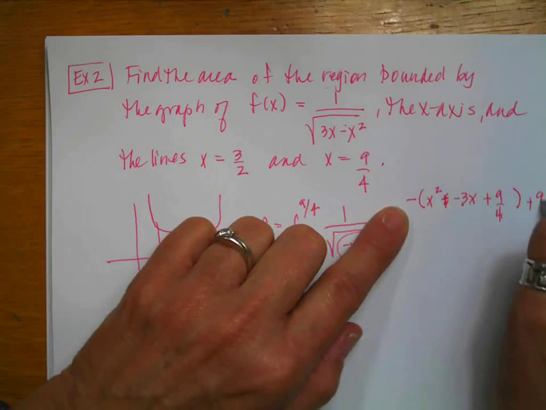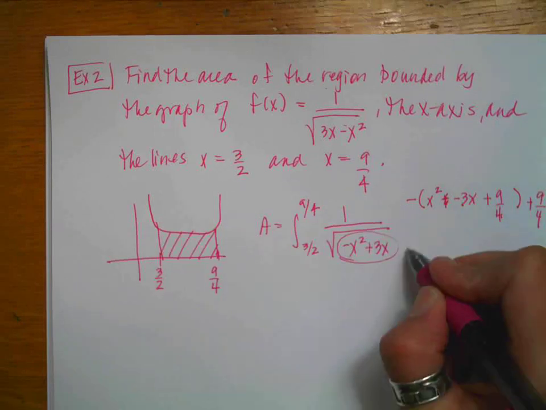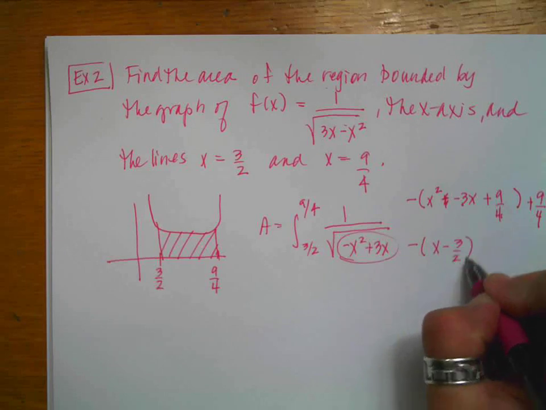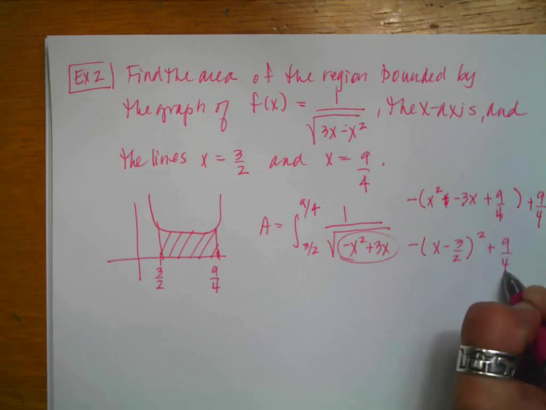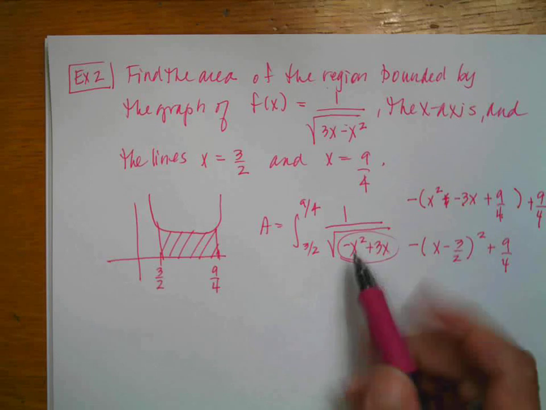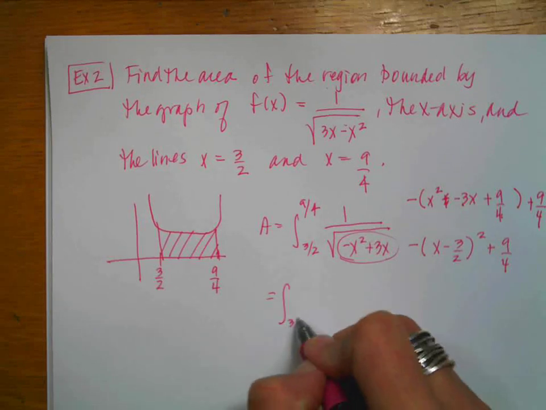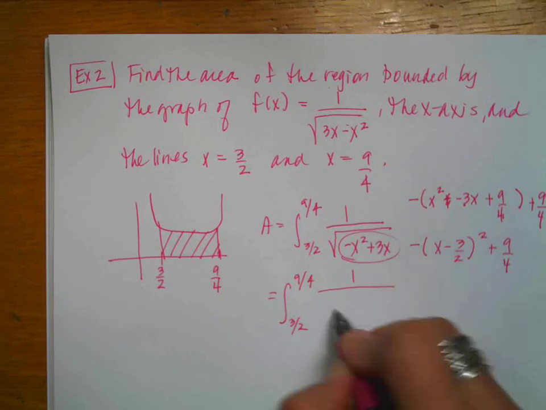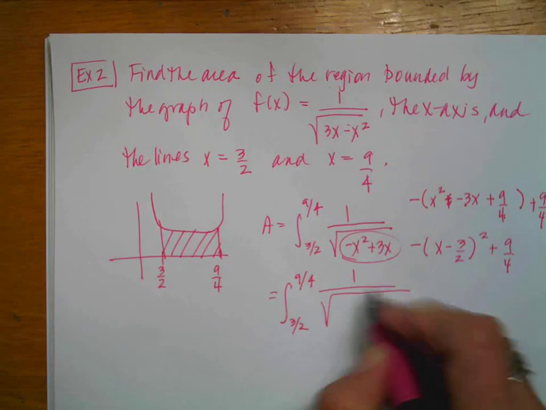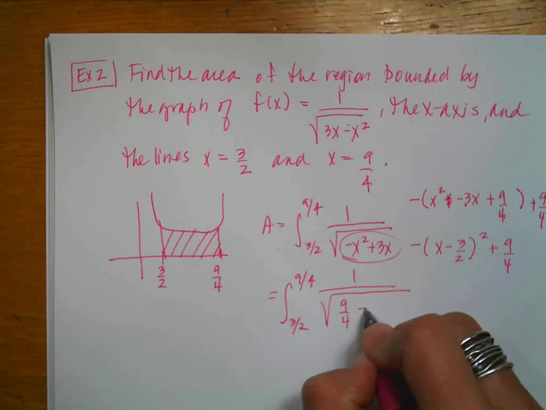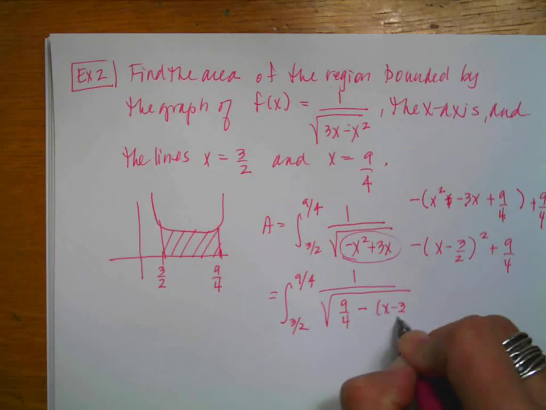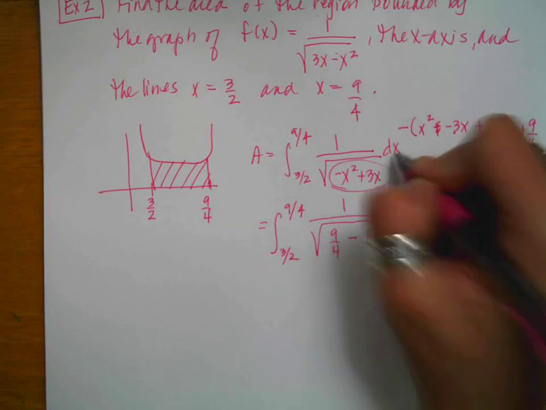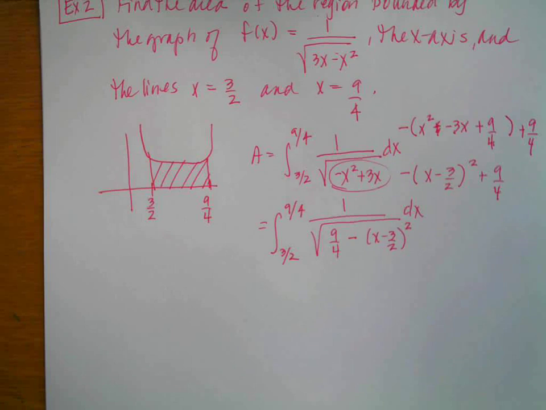This is a negative 9/4, therefore this is a positive 9/4. So here's the negative: this is x minus 3/2 quantity squared, plus 9/4. I'm going to rewrite this integral again: the integral from 3/2 to 9/4 of 1 over the square root of 9/4 minus x minus 3/2 quantity squared, and then there's my dx. Oops, I didn't put a dx in up there.